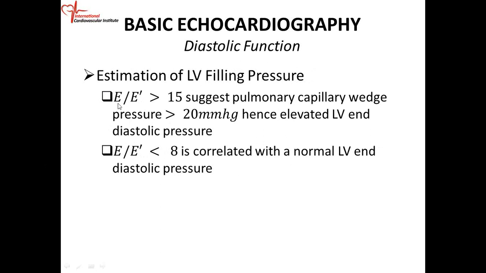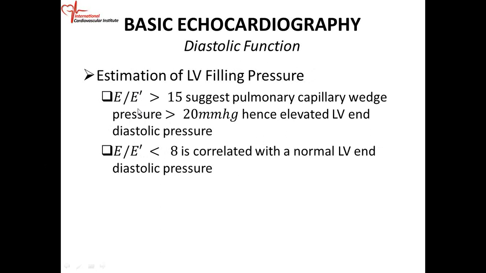Remember, your E is your early diastolic flow across the mitral valve, and E prime is your tissue Doppler early diastolic velocity. You're supposed to look at the ratio of your E over E prime.